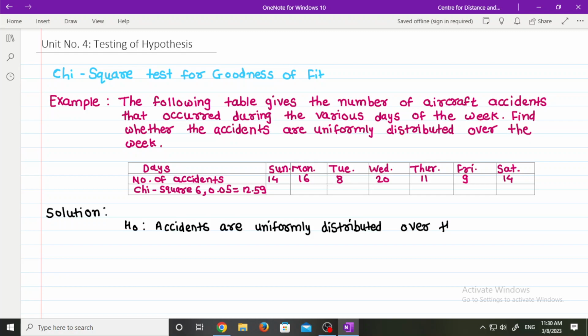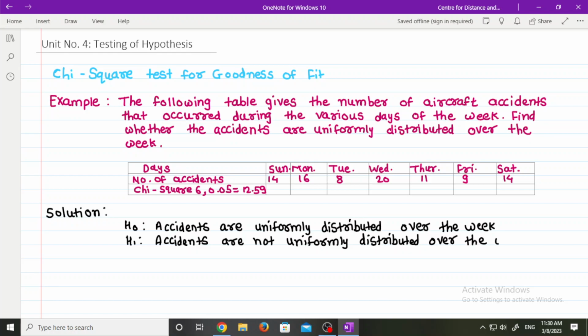This is our null hypothesis. Then H1, that is the alternative hypothesis, is accidents are not uniformly distributed over the week. This is our alternative hypothesis.